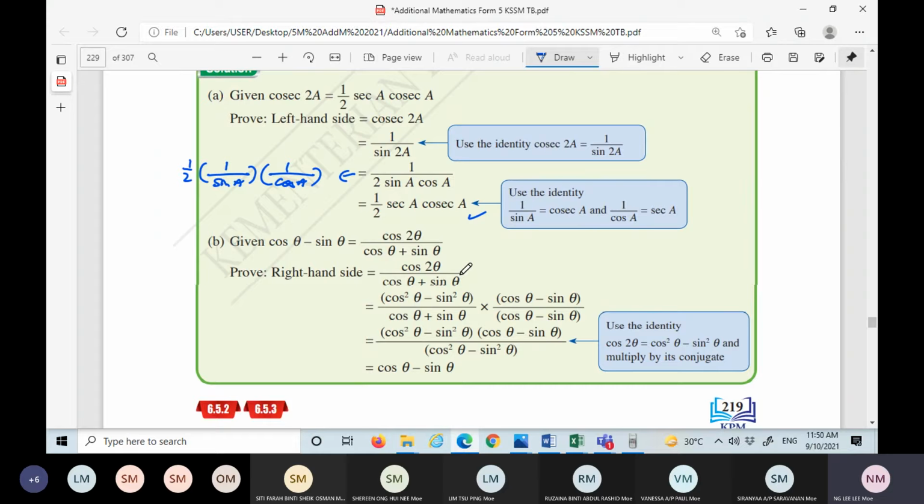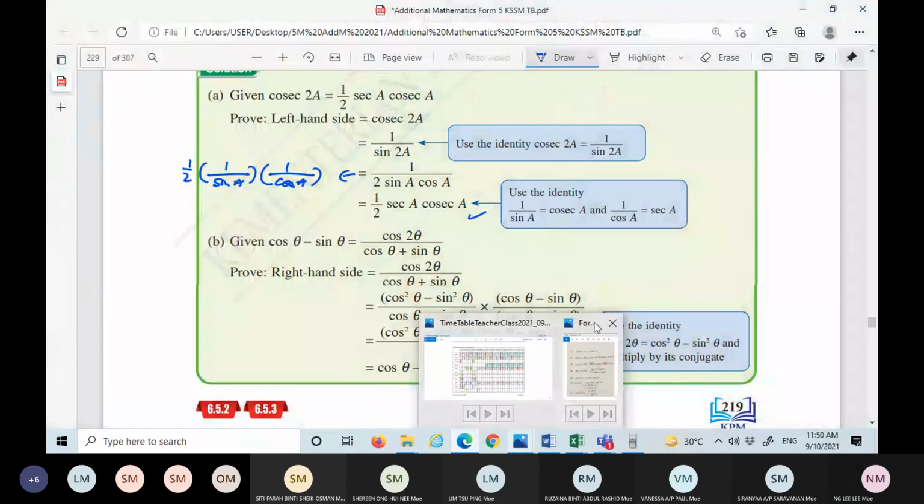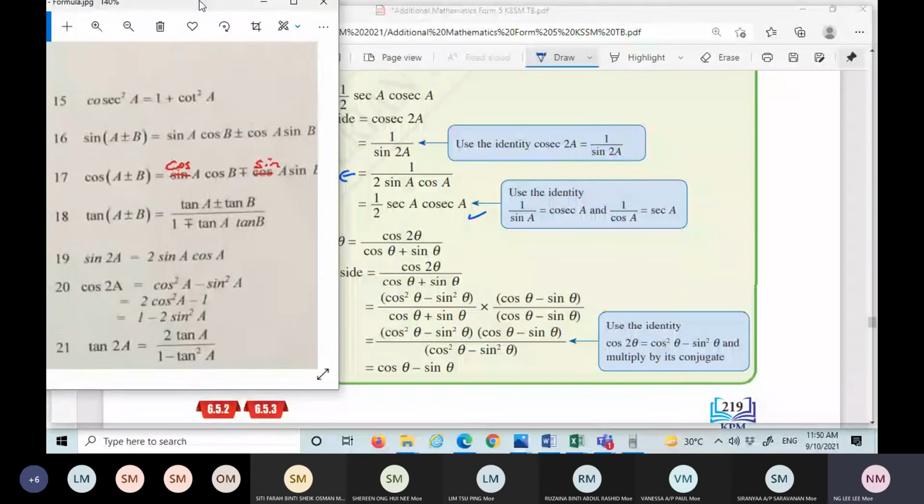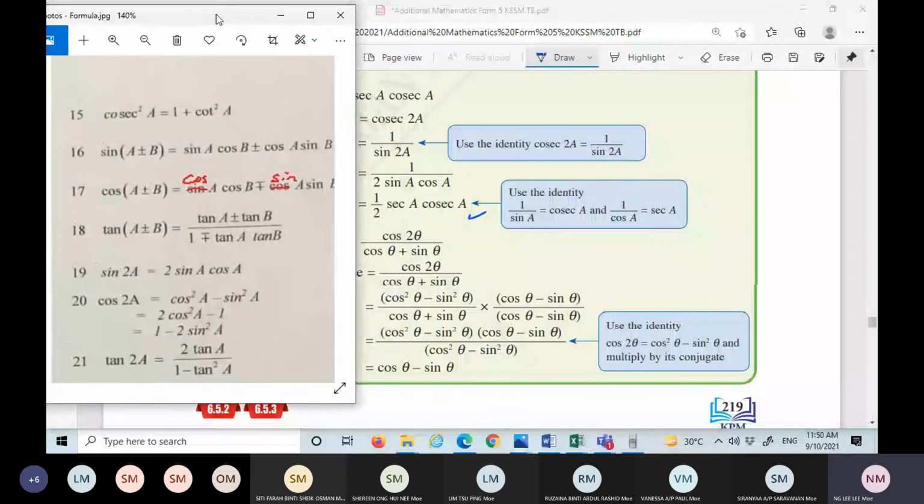If you want to use a double angle formula for cos 2 theta here, you have 3 formulas. You have to know which one to choose. Which one should I choose? You see, 1, 2, 3, three formulas. Which one should I choose?